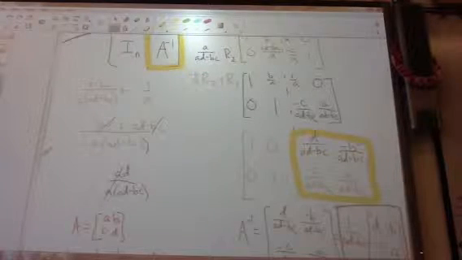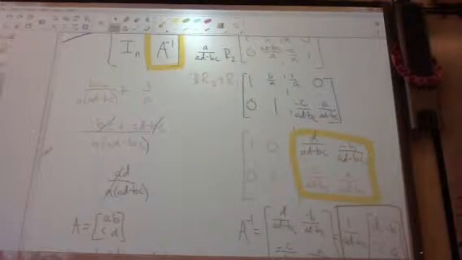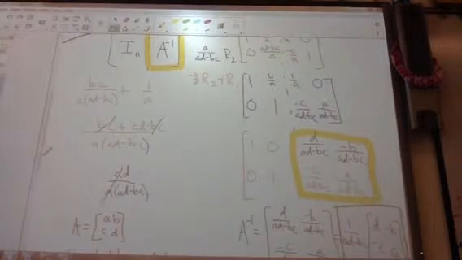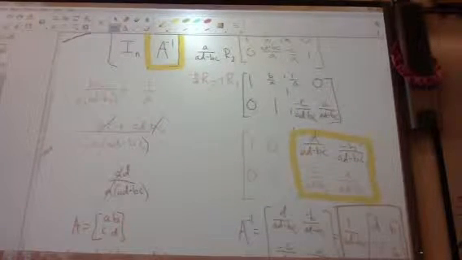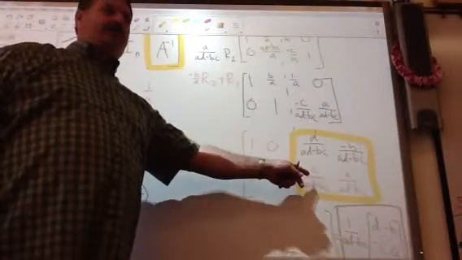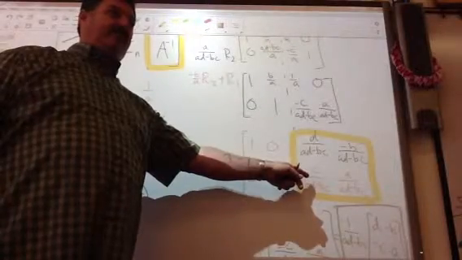Well, what am I supposed to end up with? When do I know I'm done? When you get the left side to be reduced. Even more important, it has to be the identity. Because 0, 0, 1 would be reduced echelon form.